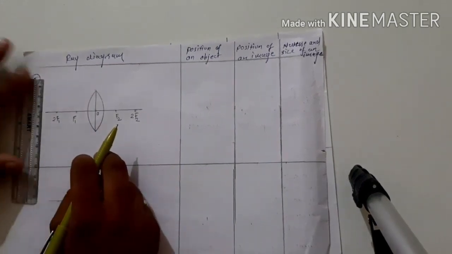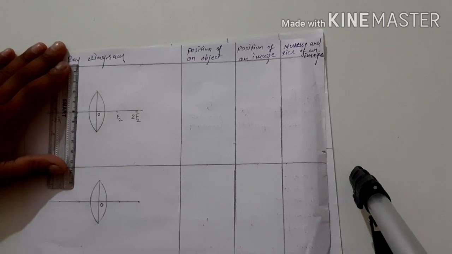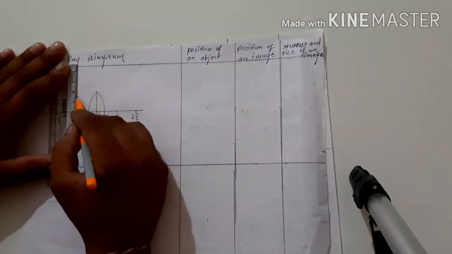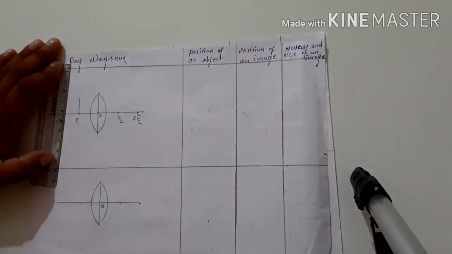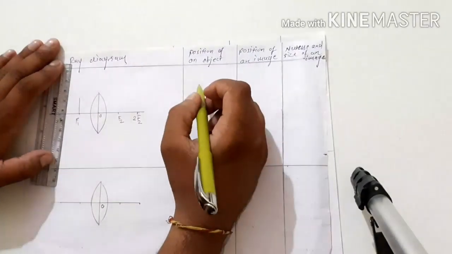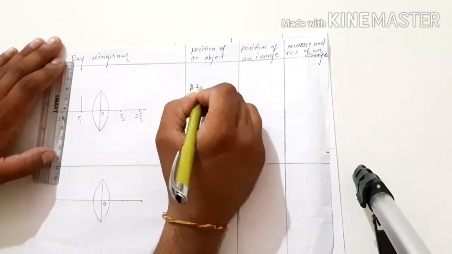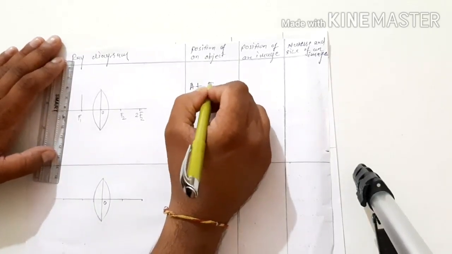In case 5, the object AB is placed at F1. So the position of the object is at F1. Let's see where we get the image.